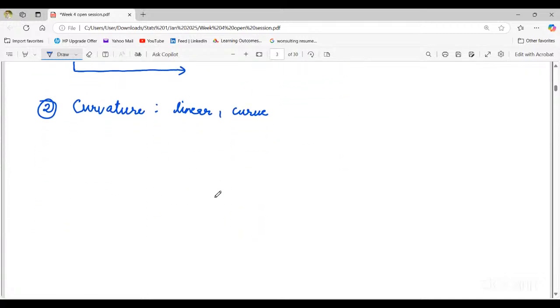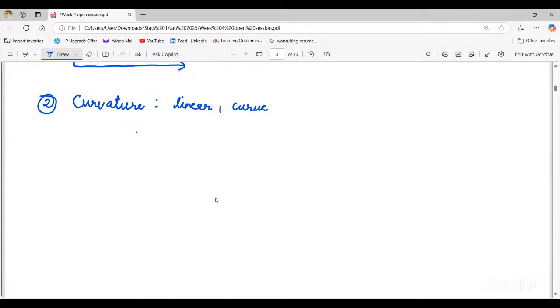Like if I'm having, okay, let's say, so if you see here, there is a little curvature here, correct? It's increasing, it's upward direction, but it is not linear. It's a little curve.